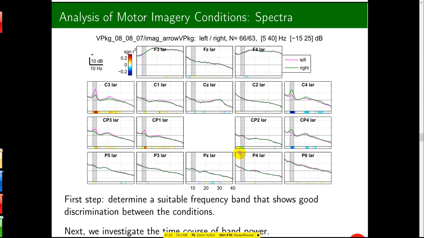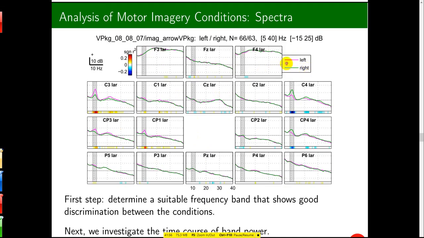Alright, so analysis of motor-imagery conditions, again, how many channels? We have here 17 channels, right? Two class conditions are shown. Blue is left, red is right. And all this has been acquired by Laplacian, surface Laplacian filter, we have some activities.